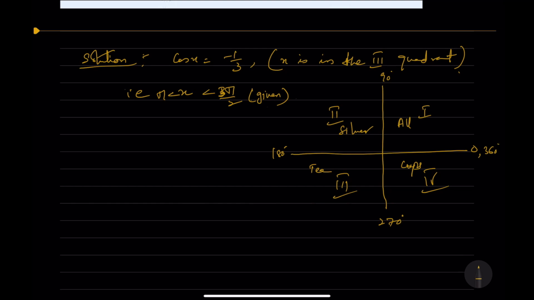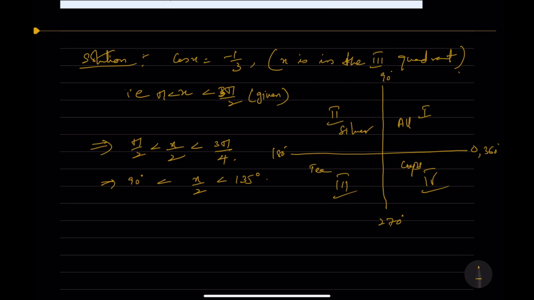So now we have to see where will x by 2 lie. So what we are doing is dividing throughout by 2. So pi by 2 is less than x by 2 is less than 3 pi by 4, which implies that 90 degrees is less than x by 2 is less than 135 degrees. So here we can see clearly that it is lying in the second quadrant.